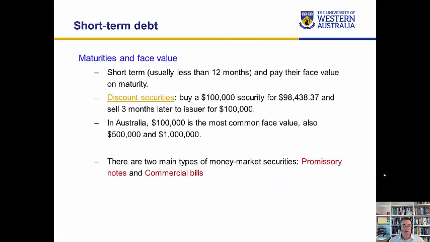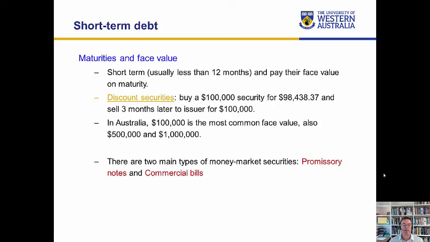Now with short-term debt and long-term debt markets, the instruments that actually facilitate the borrowing and lending are quite different. So with short-term debt markets, typically we're talking about discount securities. So discount securities are typically issued in these markets.